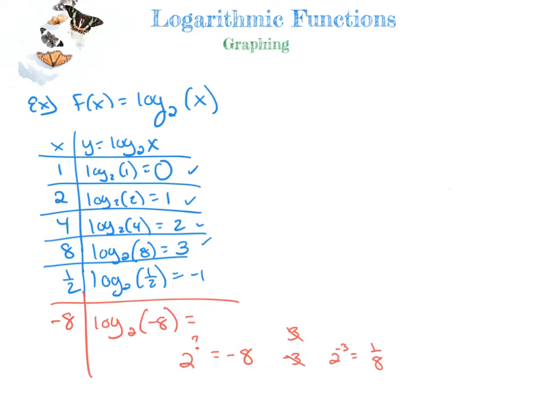I want to try one more value. I would like to try 0. That's a really common number to plug in. So let's plug in x equals 0, because we've just figured that we can't have negatives inside our logarithms. What if we had log base 2 of 0?